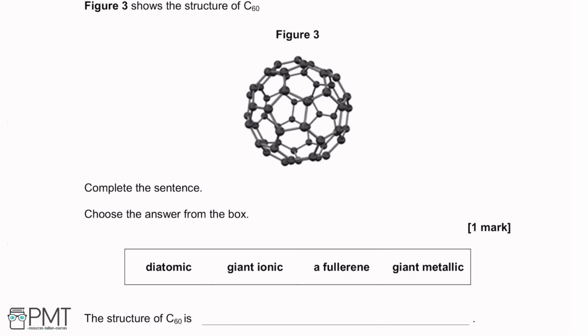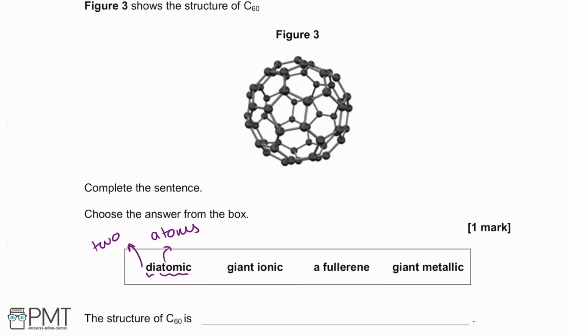So let's think about what these words mean. So the first word is diatomic. Now, di means 2, and atomic means atoms. So something which is diatomic is made up of 2 different atoms, which figure 3 is not, because it's only made of carbon atoms.